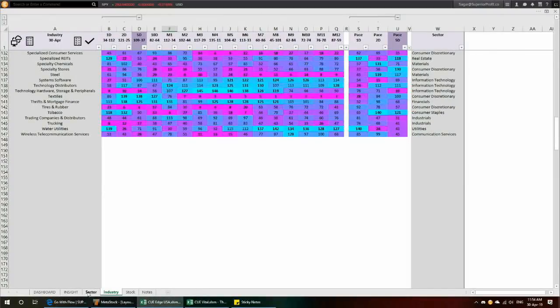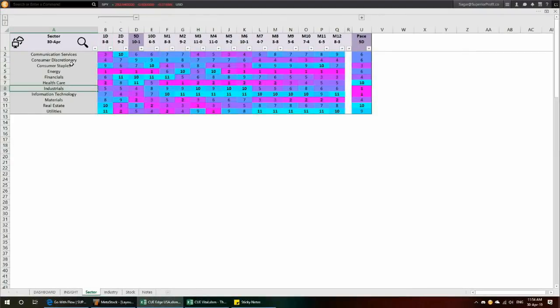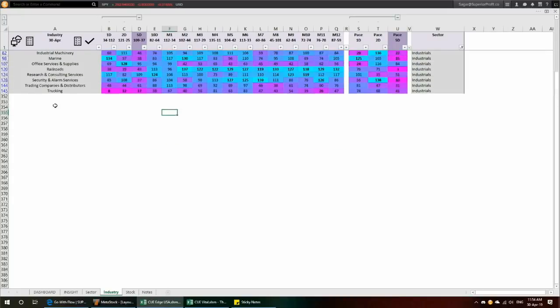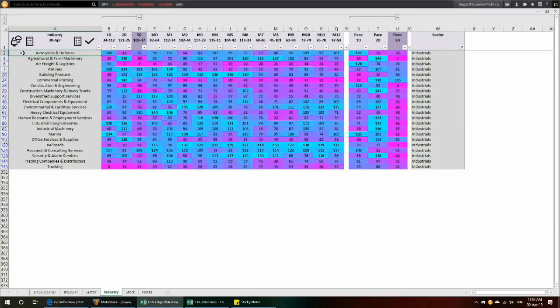Let's check that out. Go to sector, industrials, drill down from industrial sector and aerospace and defense. It is cyan today. There is acceleration shown by the page column. So in terms of industry analysis, there is enough reason to look for a buy setup in underlying stocks.